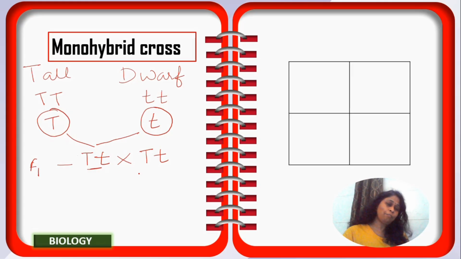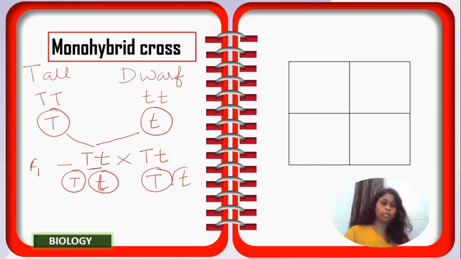So when we do the self pollination, again we have to find out the gametes. Now what are the possible gametes in capital T, small t? We get capital T and small t. Here also we get capital T, small t. So these are the F1 gametes.